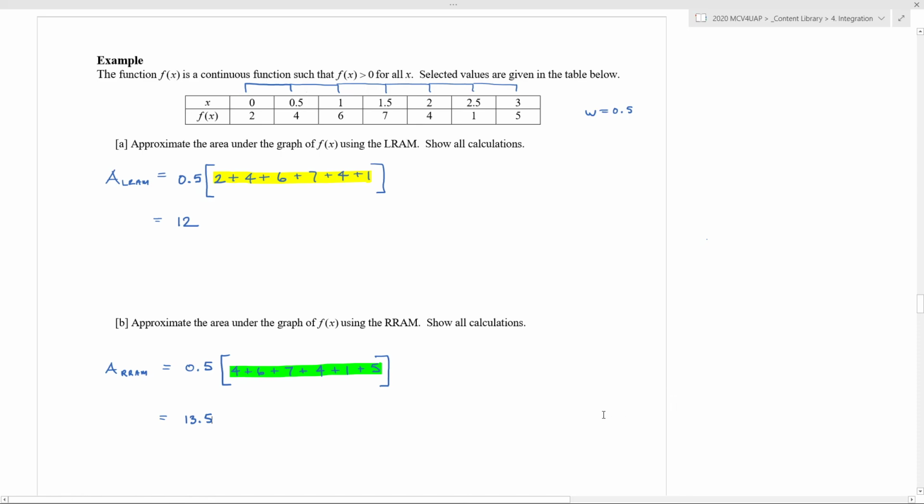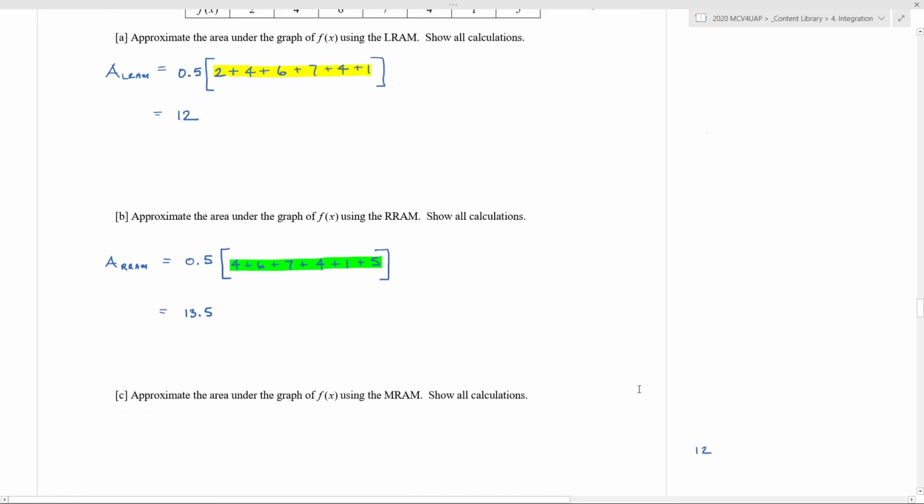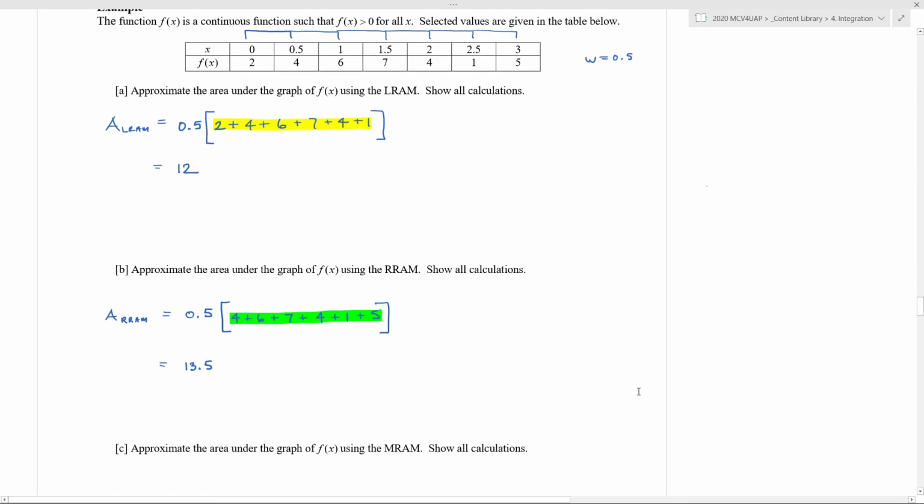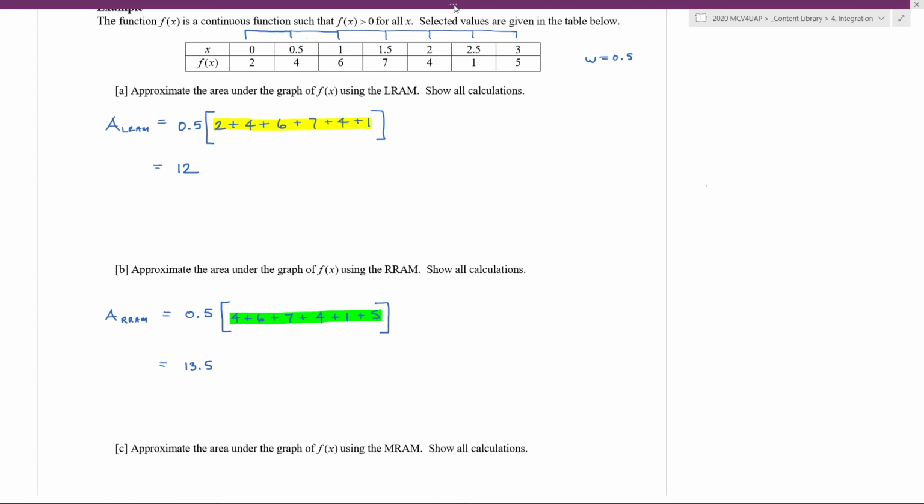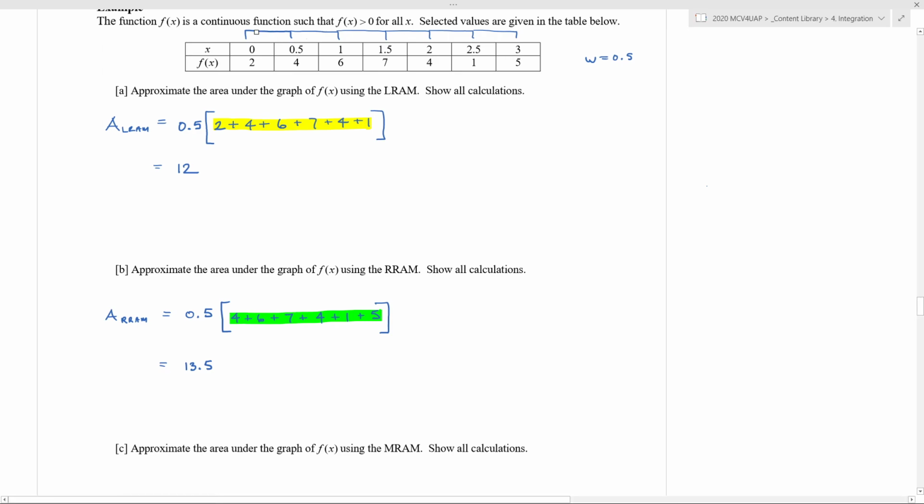Okay, part C now says approximate the area under the graph using MRAM. So a midpoint rectangular approximation. We need to be careful with this one. Okay, so what I cannot do is say that the midpoint between 0 and 0.5, let's just take a look at this.